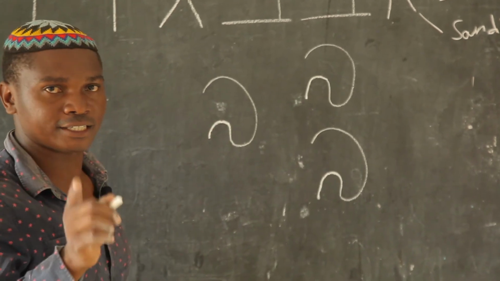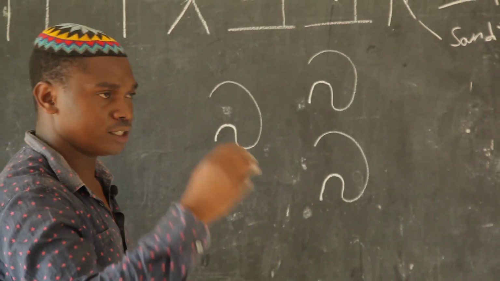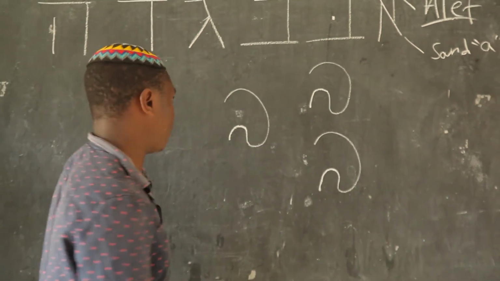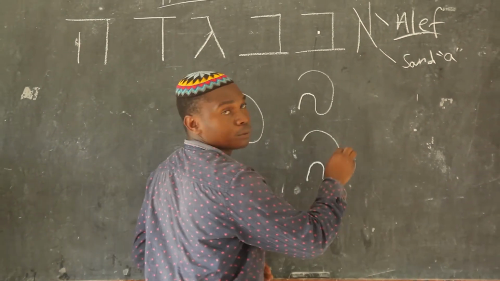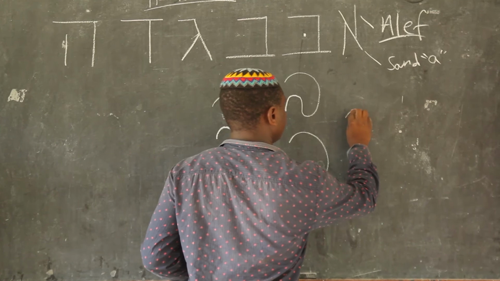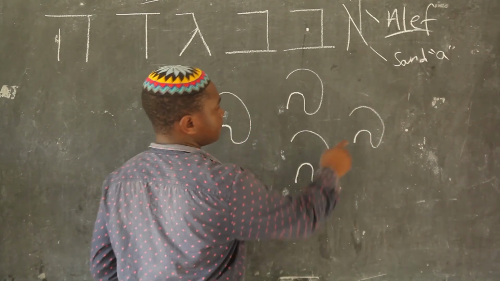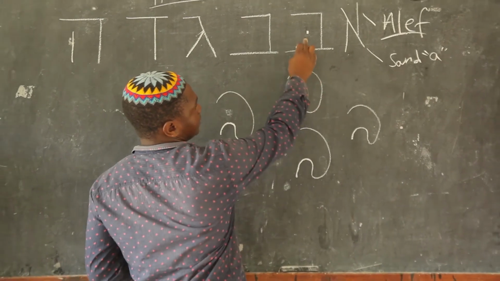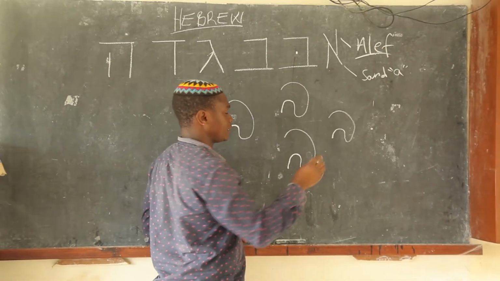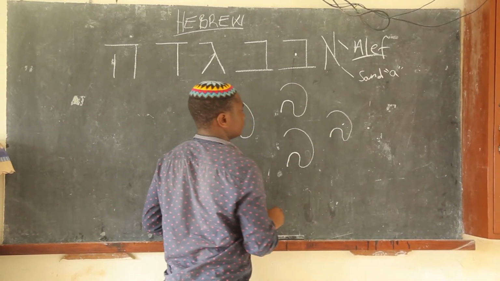Remember, we need to practice this. We need to write multiple times until we are perfect. I'll do it one more time. So this is Bet. Remember, our Bet has a dot, so even here in the Bet Katan, you should put the dot.